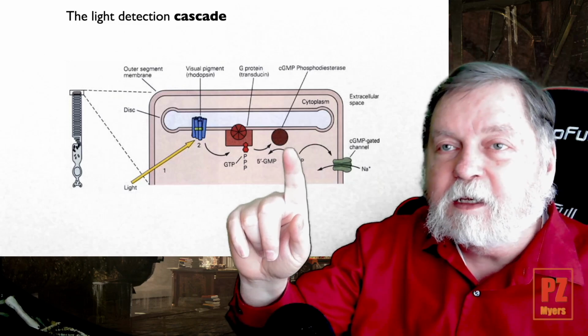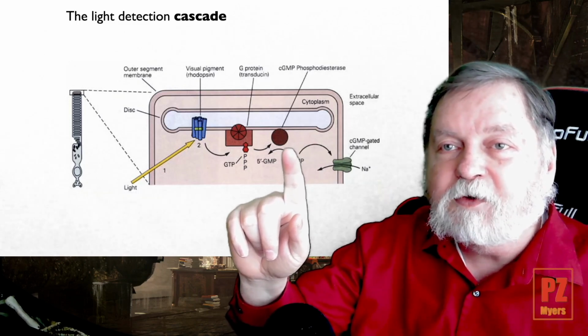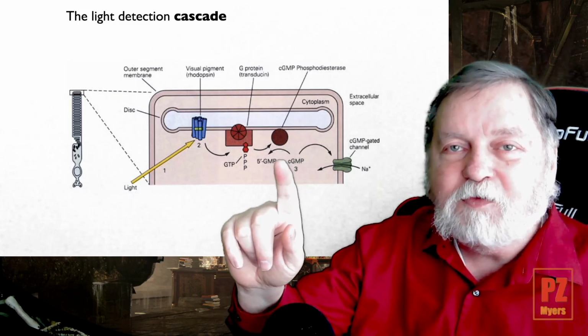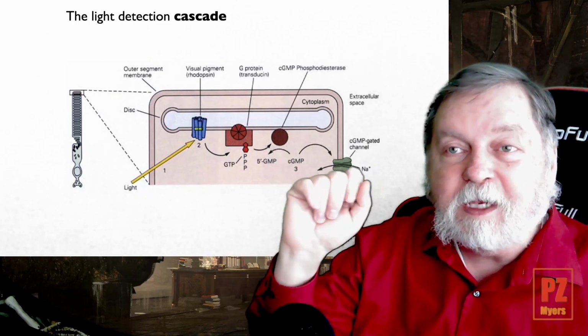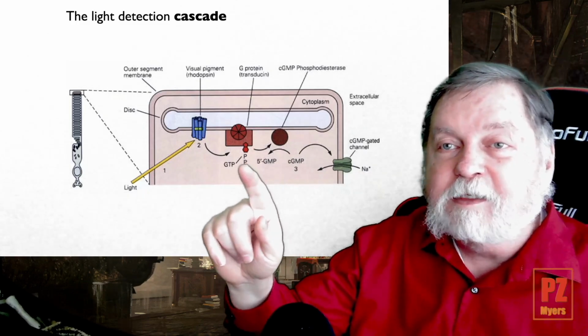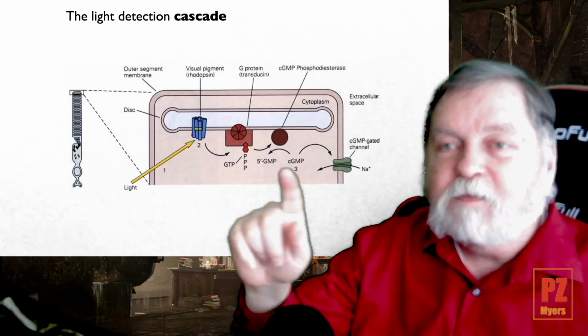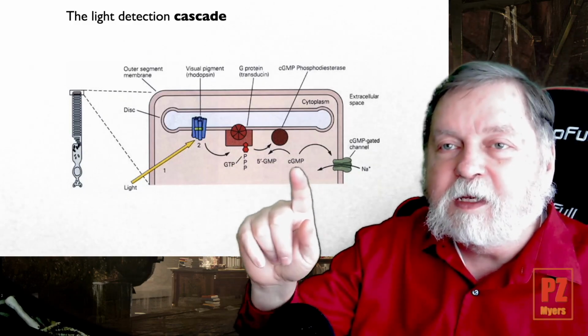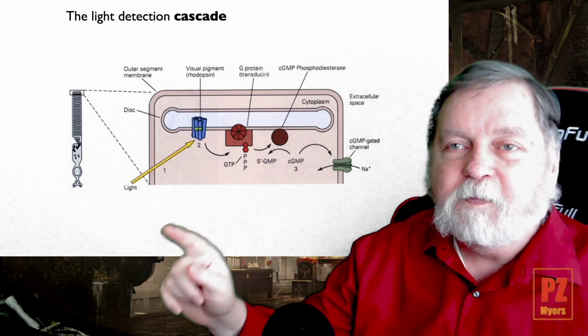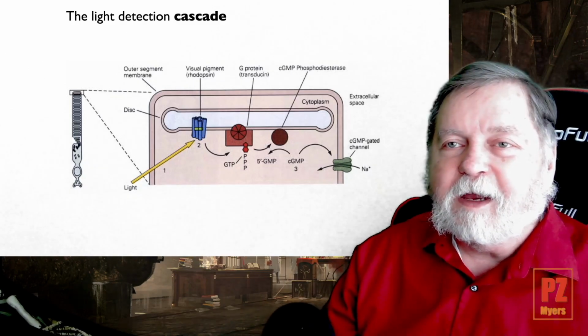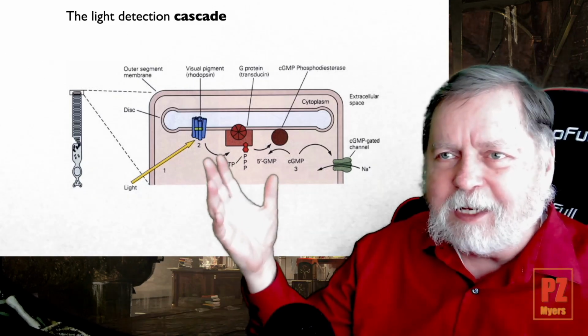This is cyclic GMP phosphodiesterase, PDE for short, okay? So we're going to activate an enzyme here. And that enzyme has the function of breaking down cyclic GMP, converting it to 5' GMP. Yeah, that's really exciting, isn't it?